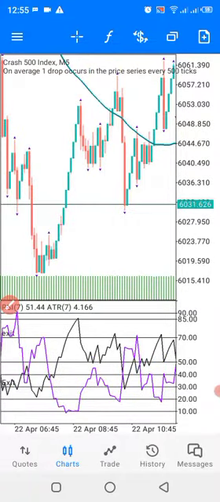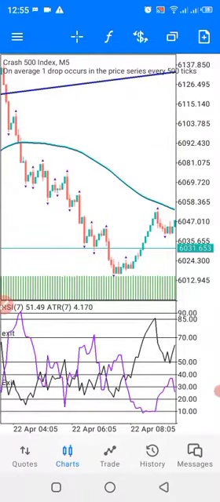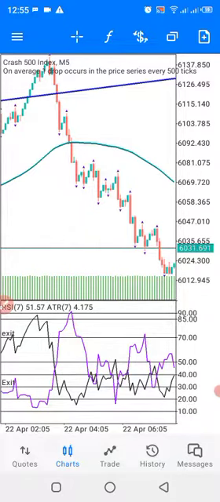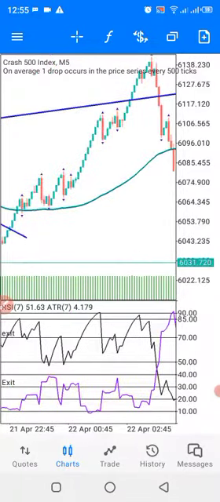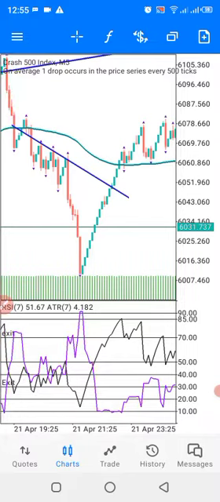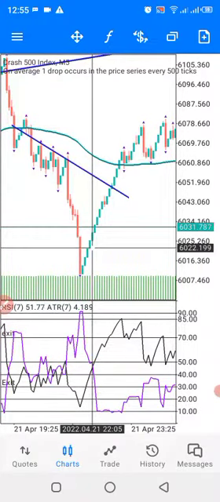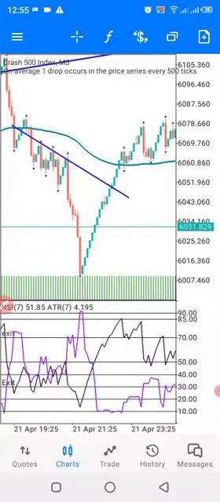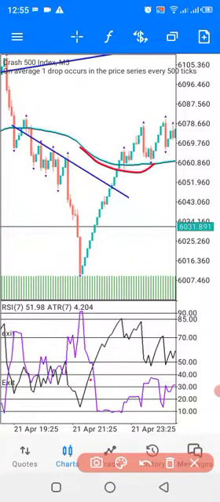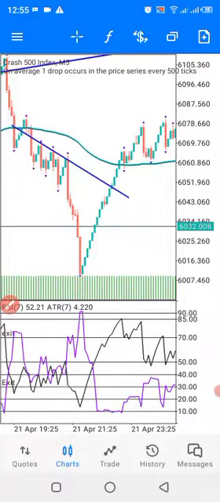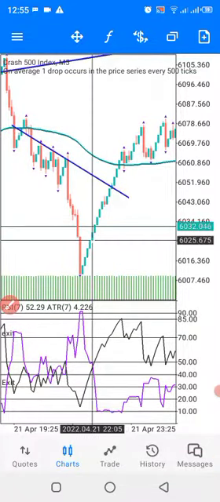You see these ones, despite the crossing. Let's look at this one. This is Crash 500. Look at the moving average in this format. It came down and went, in this format, and see the crossing here, between 40 and 50.